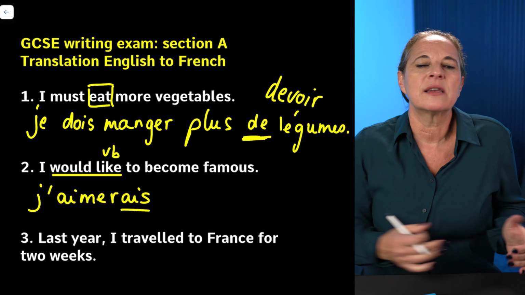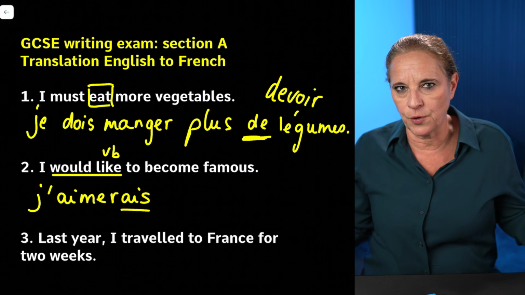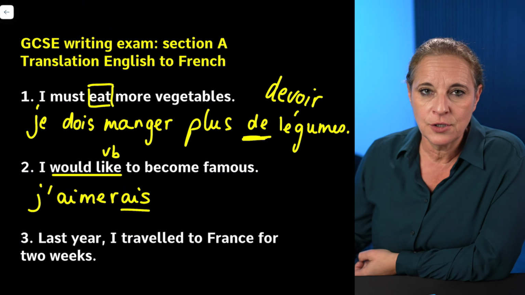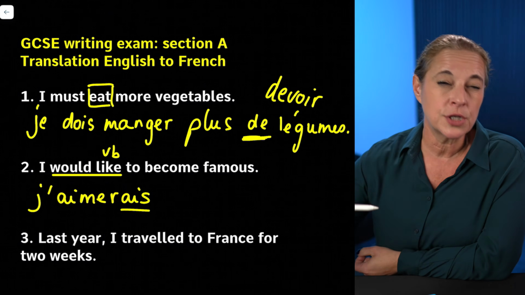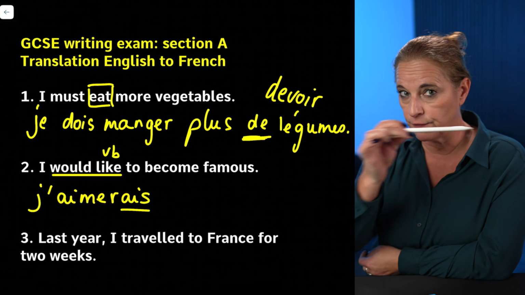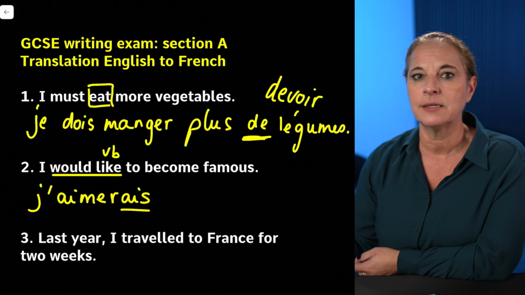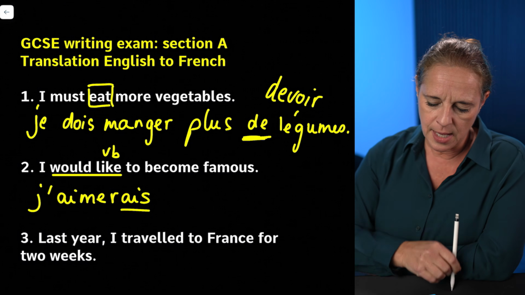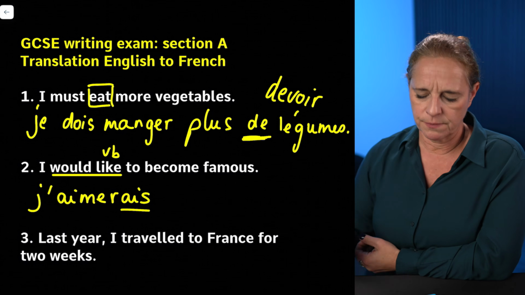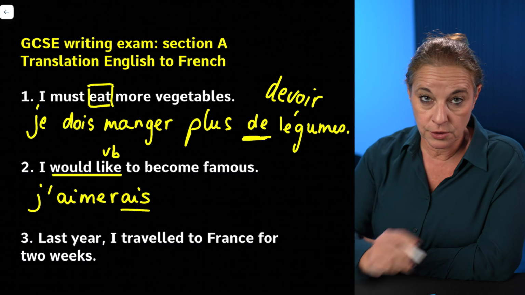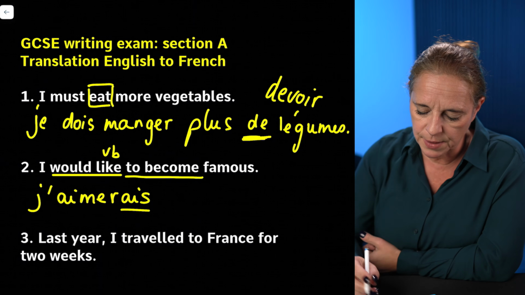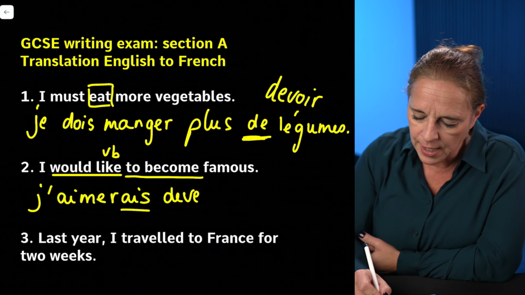Don't try to translate I and then would and like. It doesn't work in French, okay? You need to know and identify that would is a conditional, and therefore, when you conjugate a conditional in French, you have the verb and then the ending that indicates the conditional. I would like to become famous. Now, to become. Don't translate to and then become. Translate become. Okay, so to become is devenir.